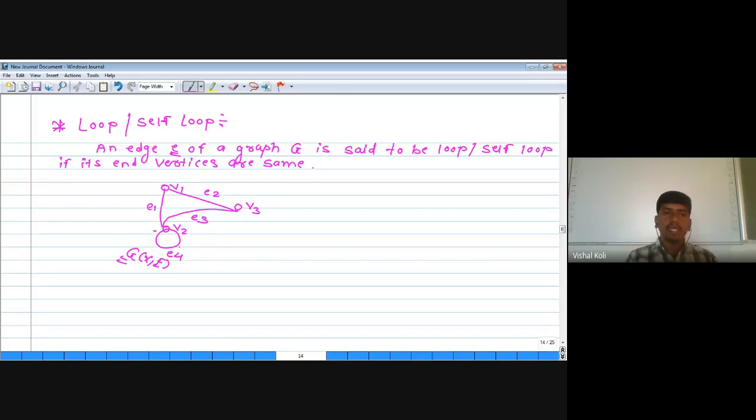But there is one edge E4 which is incident on vertex V2 to V2 itself. Therefore, edge E4 is a loop, since its end vertices are same, since it goes from V2 to V2 only. So E4 is a loop and E1, E2 and E3 are not loops.